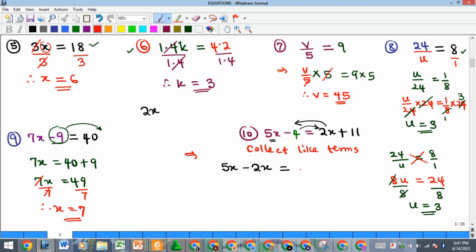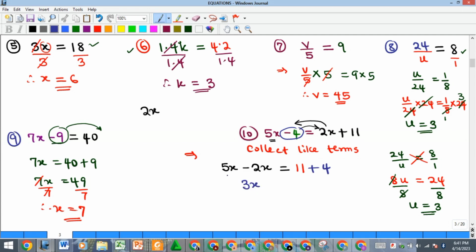And then on the right hand side, I have positive 11, and because I'm writing it first, I can remove the positive sign. And then when this negative 4 now joins it, it becomes positive 4. Okay, so on this side, 5x minus 2x will then give us 3x.